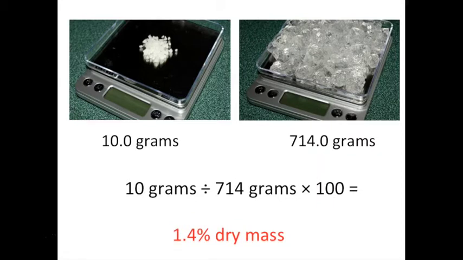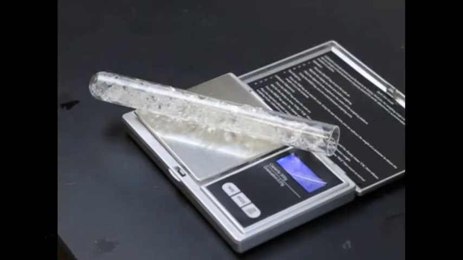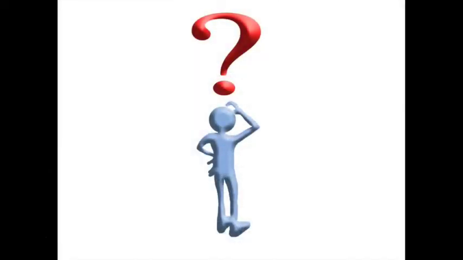This percentage can be used to estimate dry mass in the future. Knowing the dry mass percentage, we can estimate the dry mass, or the amount of solids, that is in any amount of gel mixture.